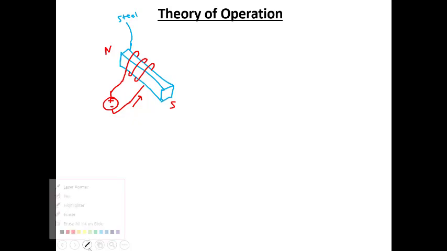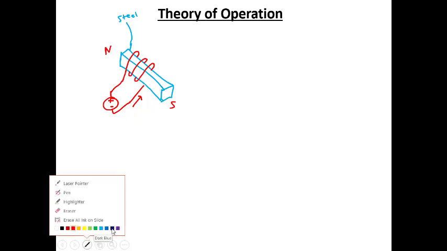If I took another magnetic material, let's say like a screwdriver out of my toolbox, and I set it next to here. So let's say this is a piece of iron, and I set it next to the magnetic field. What will happen is that I'll get a north pole and a south pole in the piece of iron. Now, how does this relate to transformers?